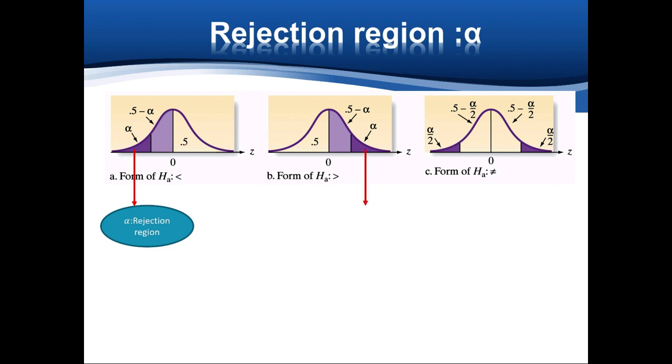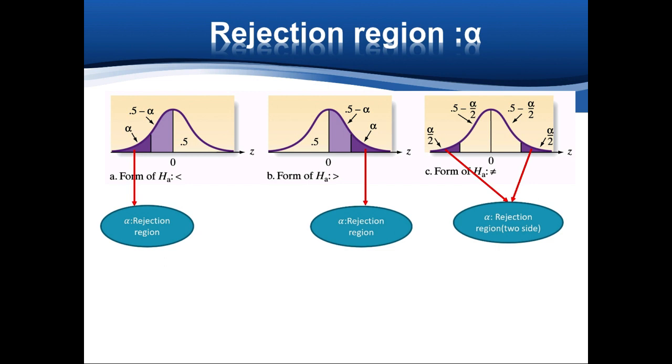For the case HA bigger than, this shaded area is the rejection region. Bigger than, it will be on the right. For the third case, HA not equal, it will be both sides. The two shaded areas together are called the rejection region.